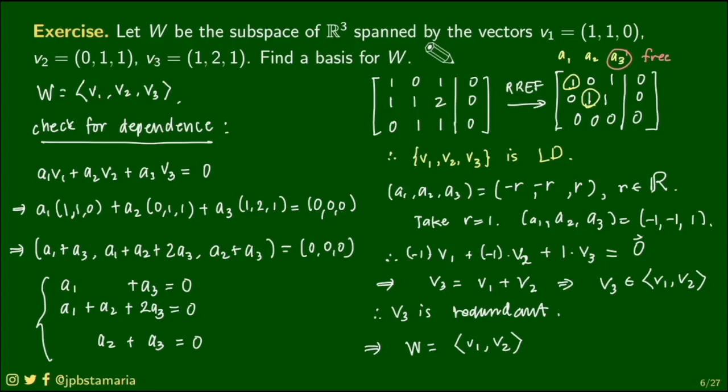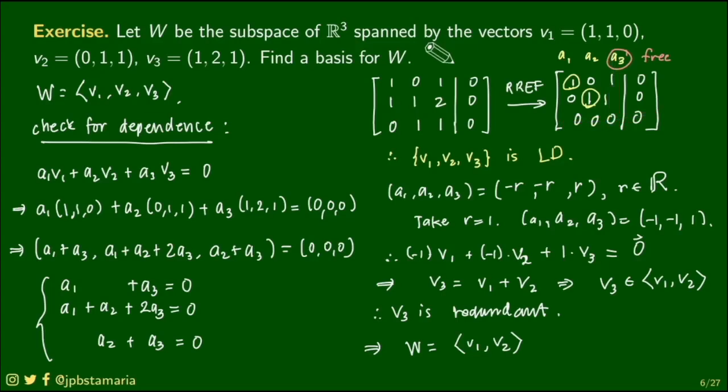As you will see, after performing this, you only get the following as the RREF. This will be erased, and therefore in this case, what is the conclusion? A1 and A2 will be forced to become 0, and therefore V1 and V2 form a linearly independent set.